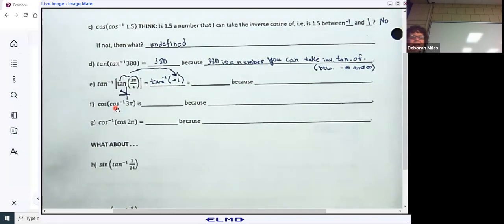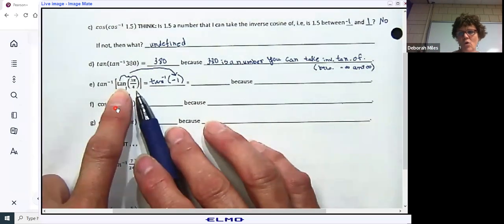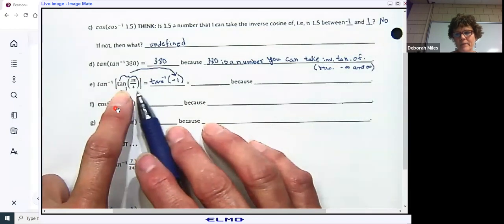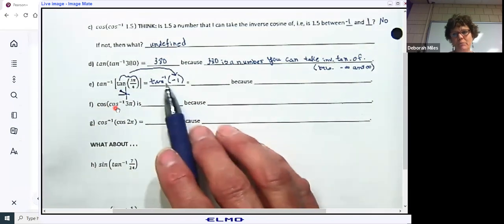Now, is there an angle between -pi over 2 and positive pi over 2 where tangent's the same, -1? Would that be in the first quadrant or the fourth quadrant? In the fourth quadrant, what's that angle where tangent would be -1?